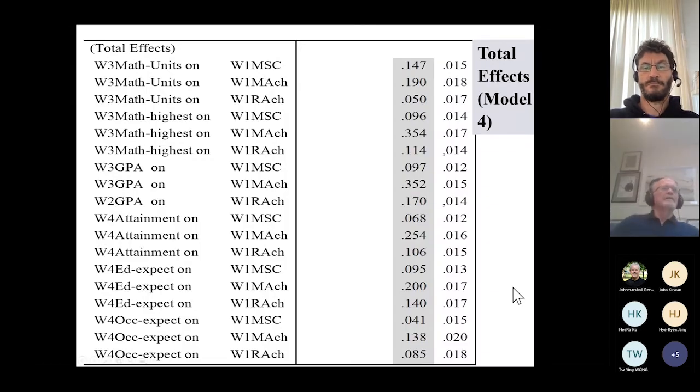All right, now these are the total effects for Model 4. Model 4 is the outcomes in terms of wave 3 at end of high school and wave 4, which is age 26. The total effects are the sum of the direct effects and the mediated effects, and so it's controlling for the covariates.